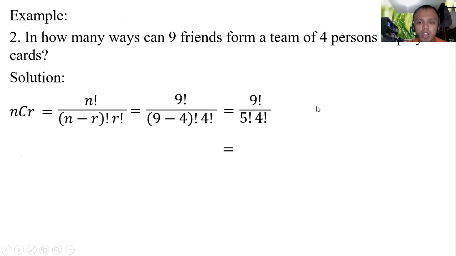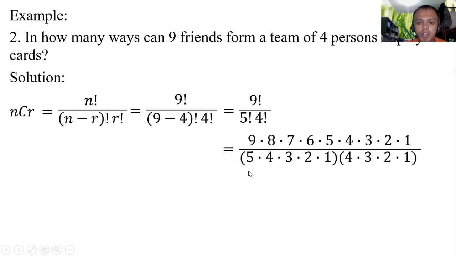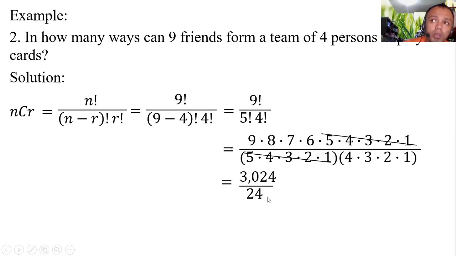Then we have 9 factorial over 5 factorial times 4 factorial. Then cancel out the 5 factorial. We have 9 times 8 times 7 times 6. That is equal to 3024. 4 times 3 times 2 times 1 is 24. 3024 divided by 24 is equal to 126. So we have 126 ways.